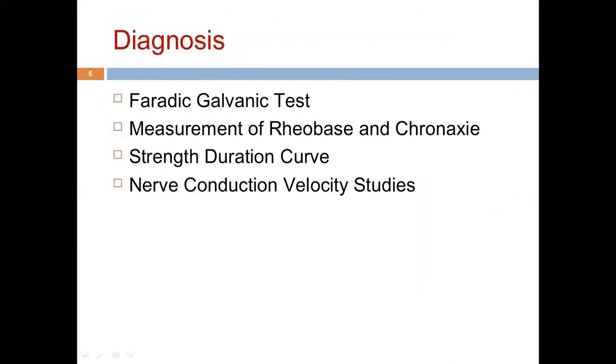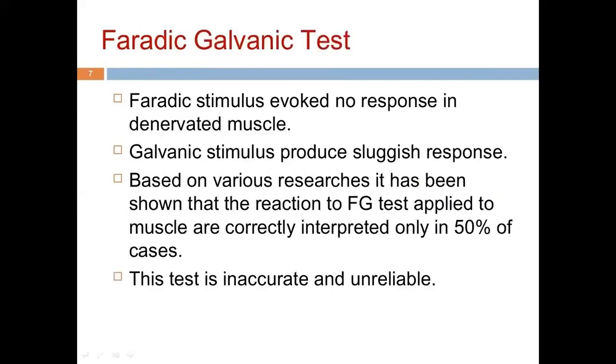Moving on to the diagnostic purposes of an EMS. It's used for the Faradic galvanic test, the measurement of rheobase and chronaxy, the strength duration curve, and nerve conduction velocity studies and tests. First, we'll see the Faradic galvanic test.